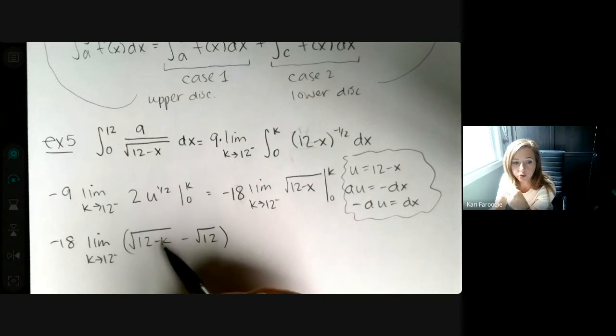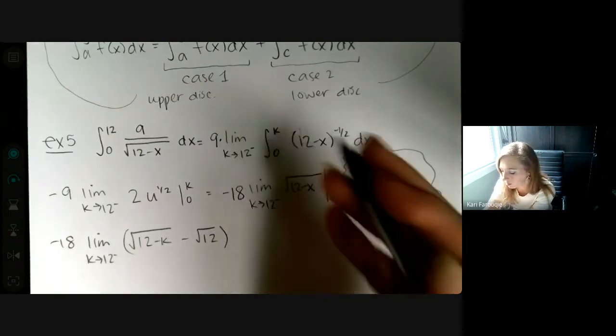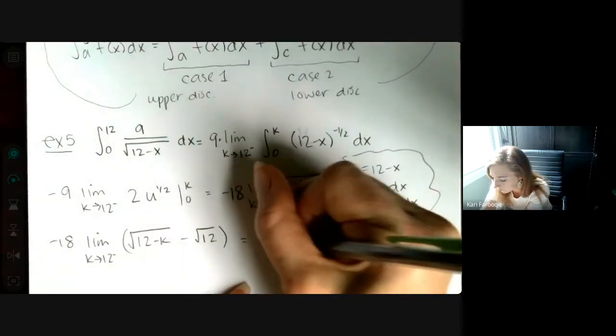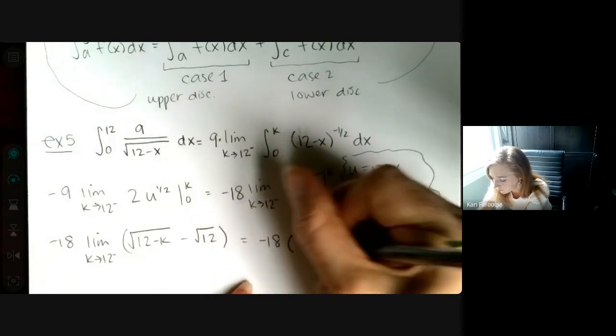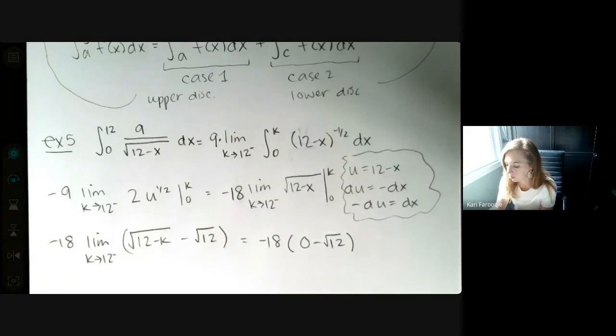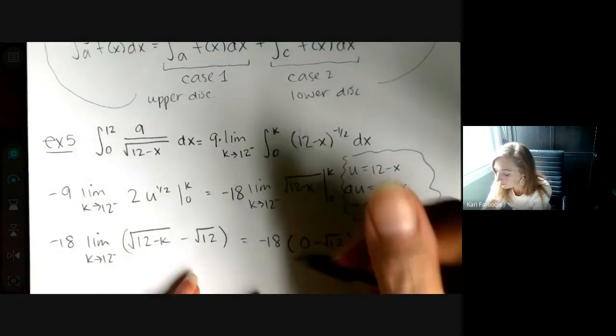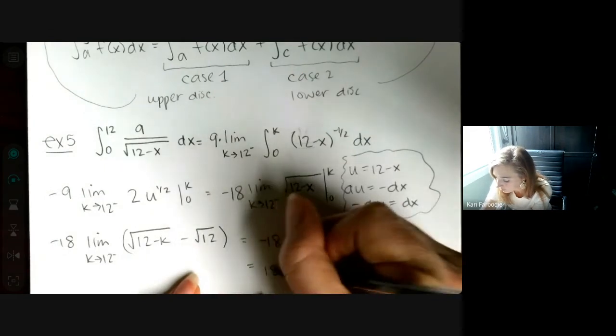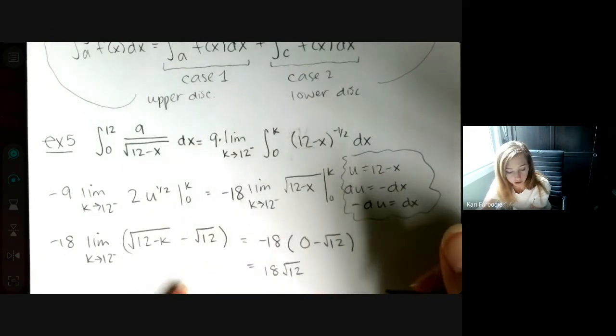If you plug in 12 for k, 12 minus 12 is going to give you 0. So you're going to have 0 minus the square root of 12. And then you'll have 18 times the square root of 12.